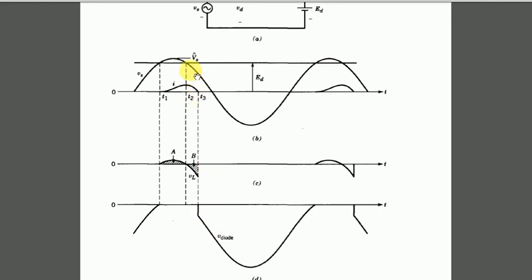Beyond this point, of course, you have to subtract the voltage across this component from this waveform, and the remainder appears across the diode. Then this process keeps on repeating itself.